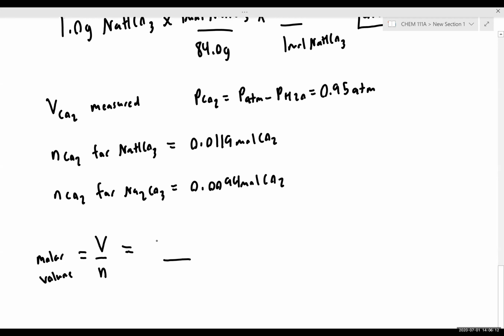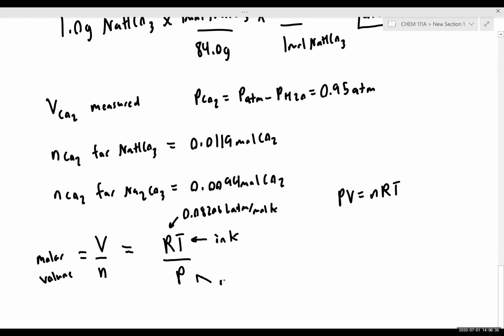Oops, sorry, PV is nRT. Solving for the molar volume, we get RT over P, where R is the ideal gas constant, 0.08206 liter atmosphere per mole Kelvin, T is the temperature in Kelvin, and P is the pressure in atmospheres.